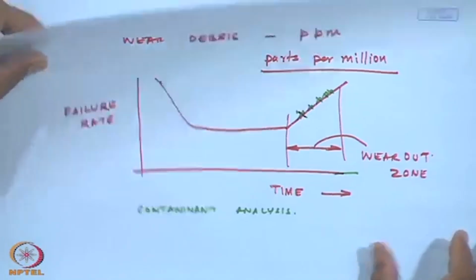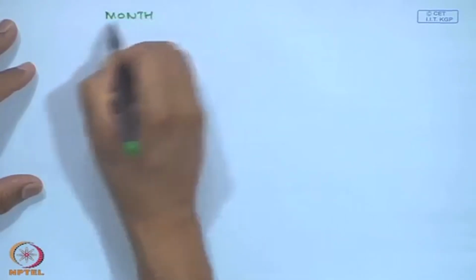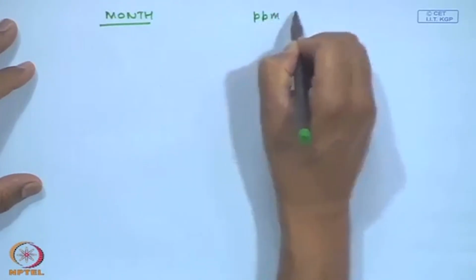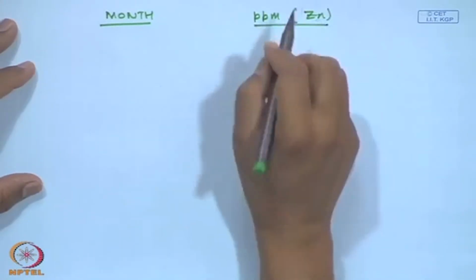For example, every month, you see the ppm of maybe zinc in a machine component.